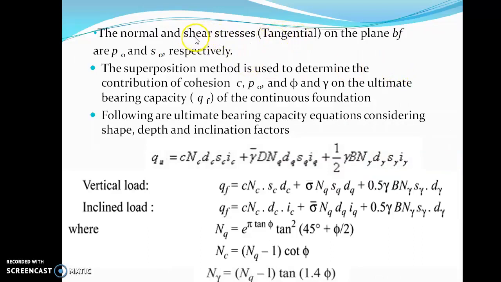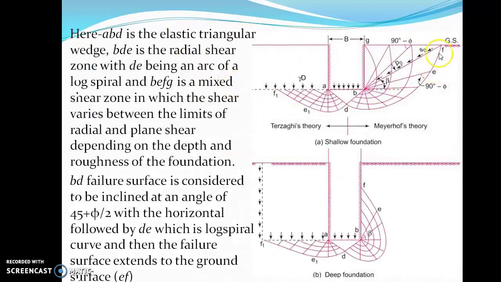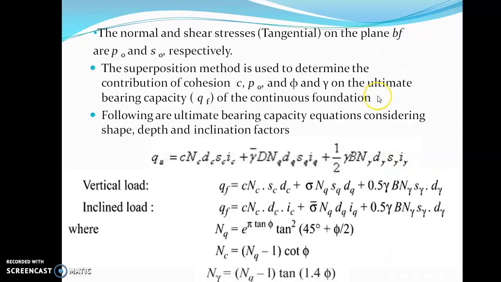In other words, we also call it shear stress, which is acting on BF. So P naught and S naught are normal and tangential stresses. The superposition method is used to determine the contribution of cohesion c, P naught, phi and gamma on the ultimate bearing capacity, which we denote as q_f.